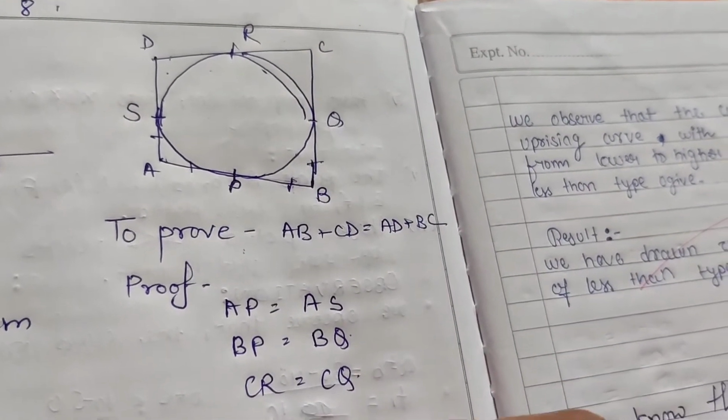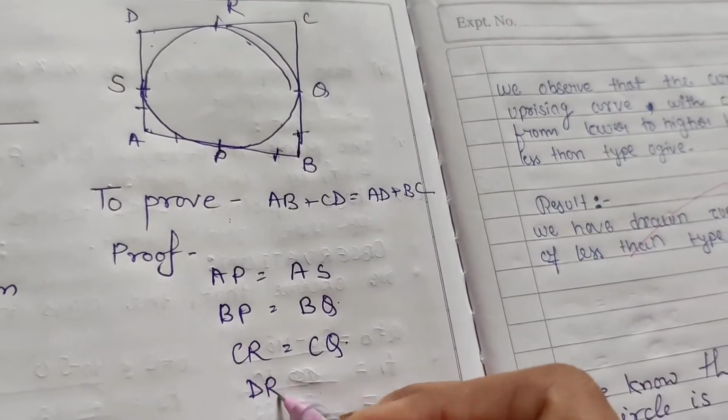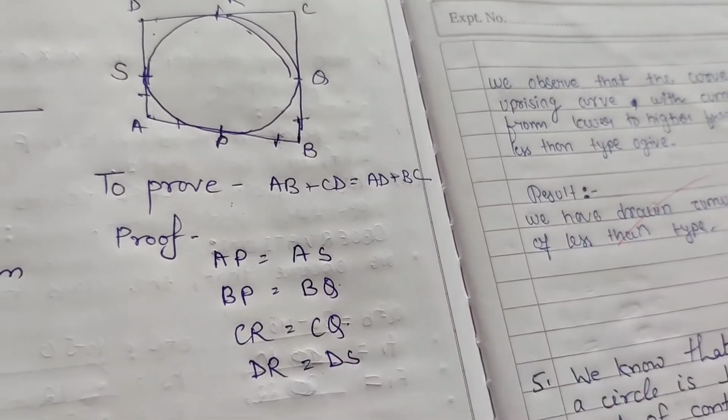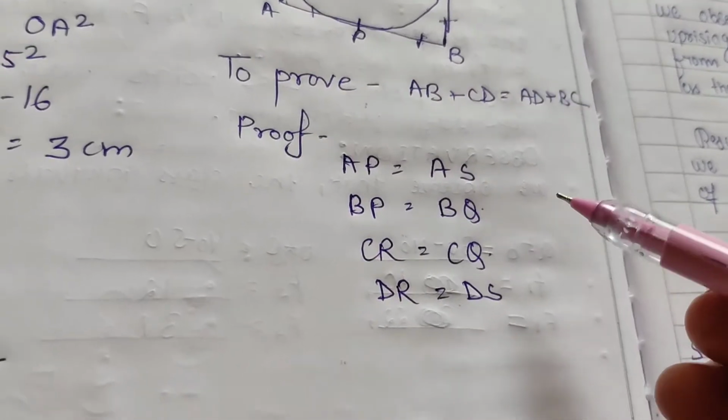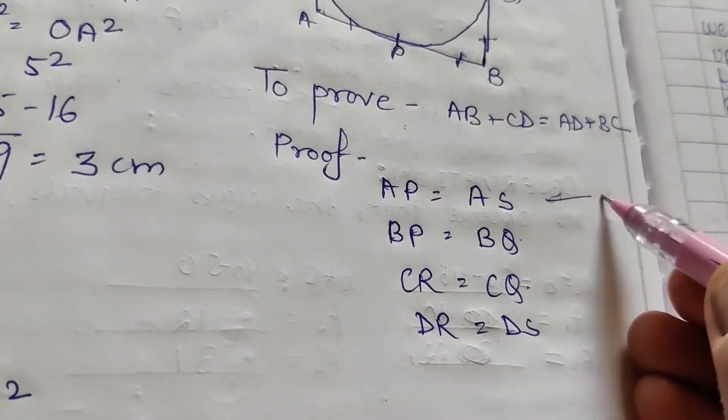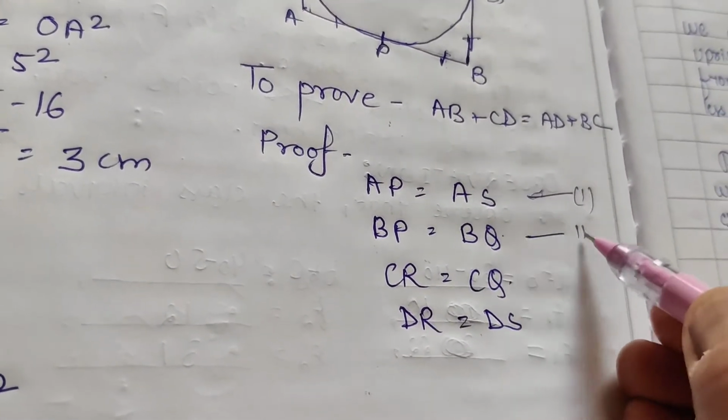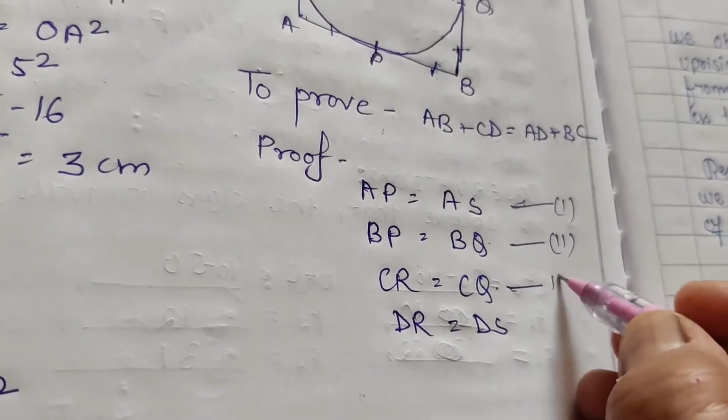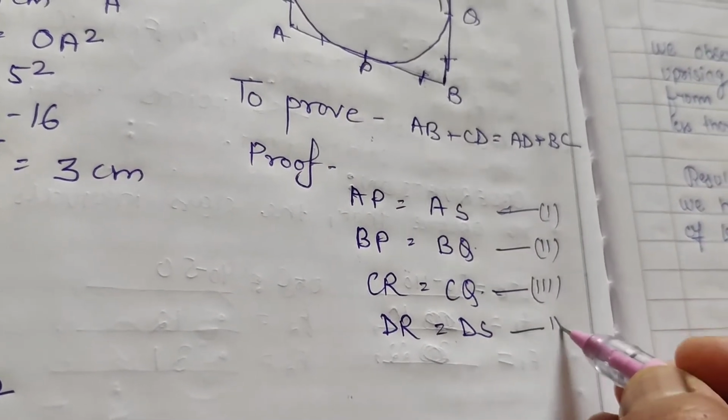and DR equals DS. These are the lengths of tangents from the external point, equations number 1, 2, 3 and 4.